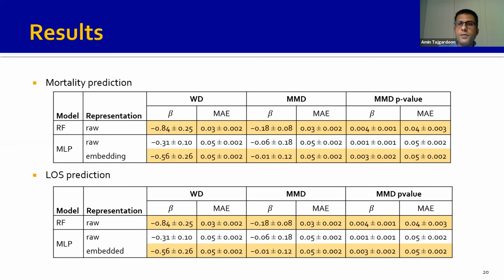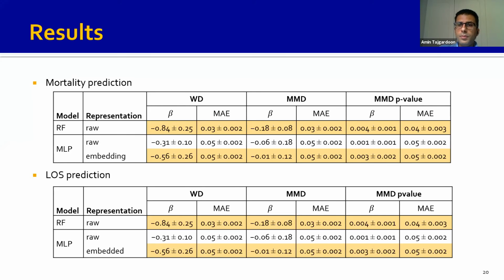Here is a summary of the results for all of the experiments for mortality and length of stay prediction tasks. The tables show the average slope, or beta, and the average mean absolute error of regression models for each divergence metric.